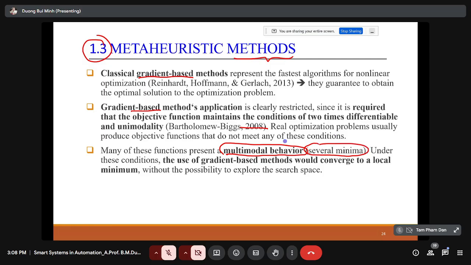So if we use gradient-based methods, maybe it would converge to a local minimum. We don't need a local minimum, we need the global minimum. I try to avoid local minimum.